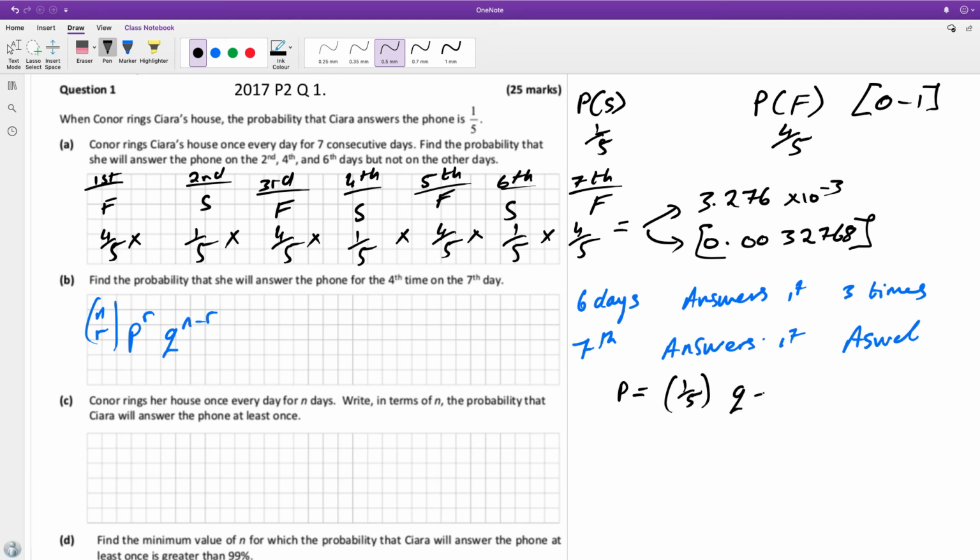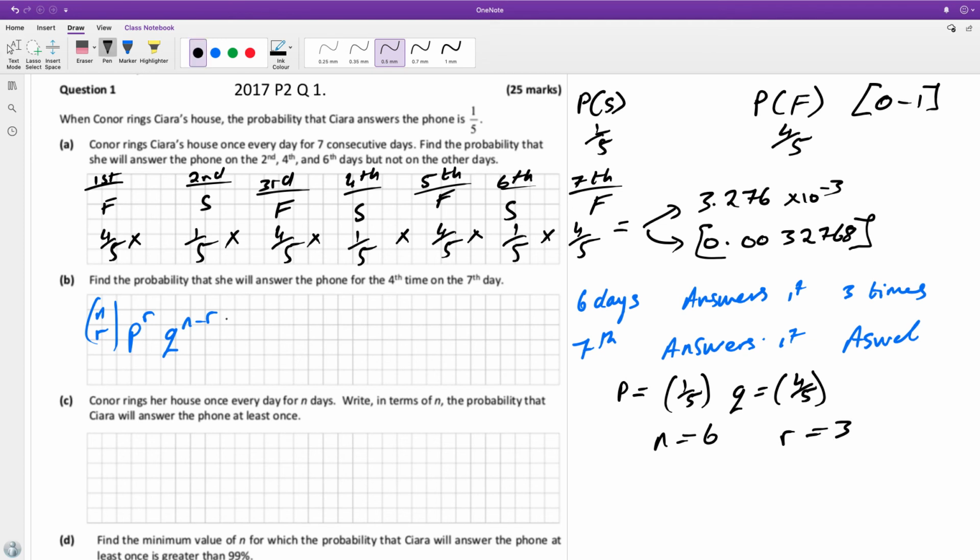Right. What's Q? Failure. What's failure? 4 over 5. What's N? N is the number of trials, which is 6. And what's R? 3. The number of times she wants us to answer.